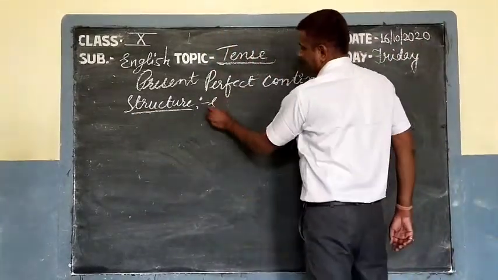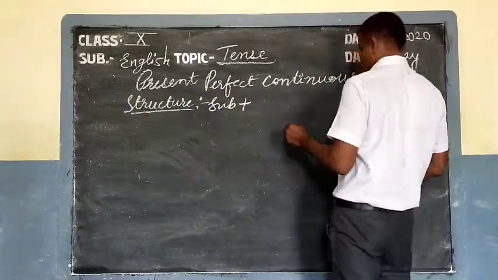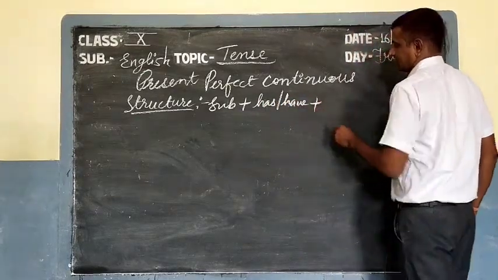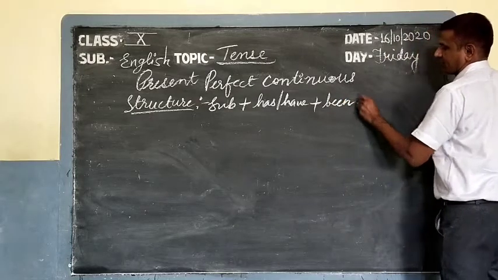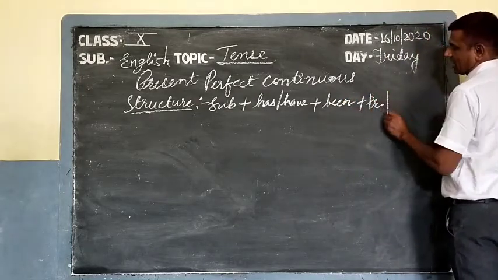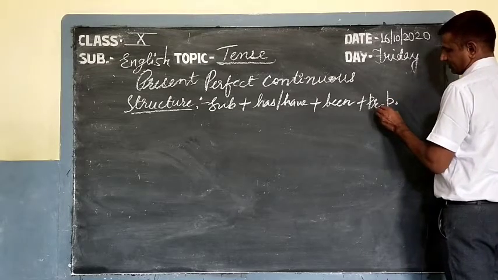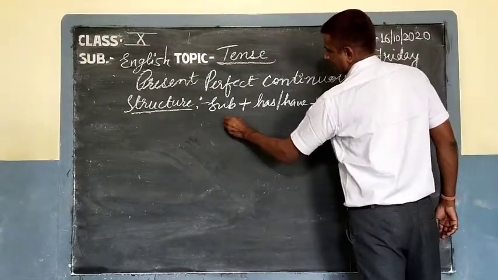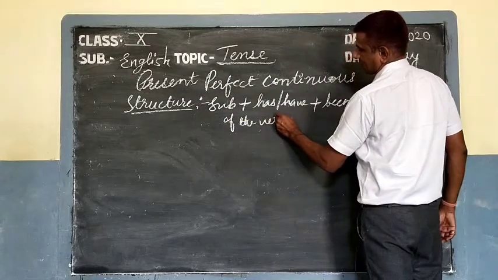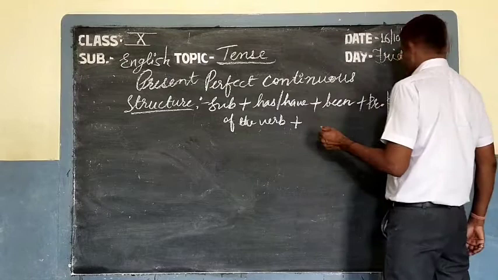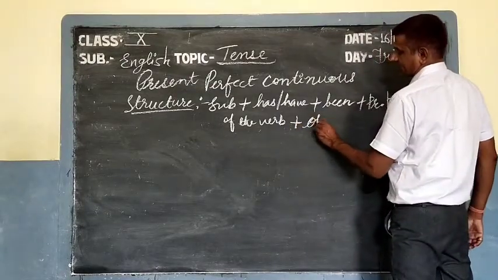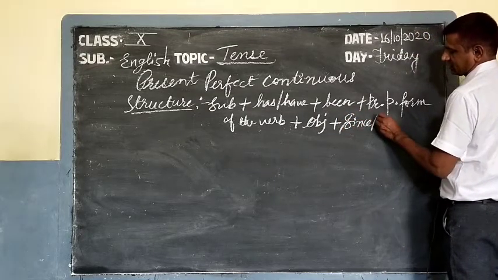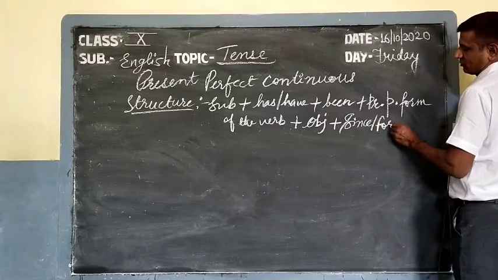Well, we write subject plus has, have plus been plus PRP form of the verb plus object plus use of since and for.